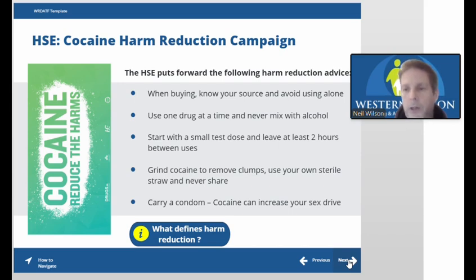It also points out that it's useful to start low and basically slow things down between uses, to avoid the clumping of cocaine and to try and keep that as sterile as possible. And because of the connection to sexual activity, it's important to try and remember to use protection as well in the form of condoms.